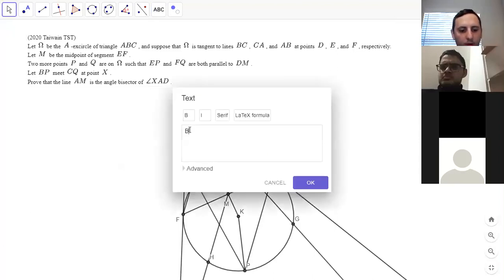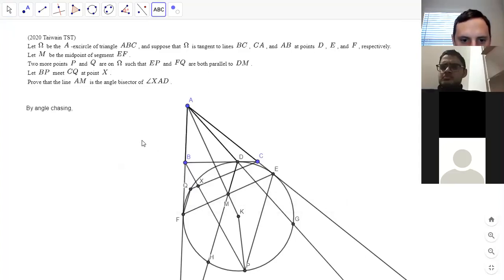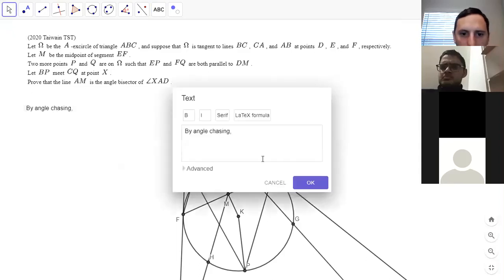Okay, so by angle chasing, we have arc FP is equal to DG. Is this true? That's true, right?